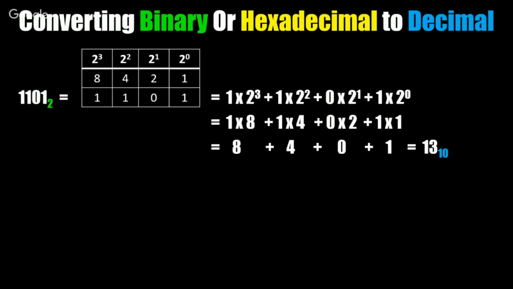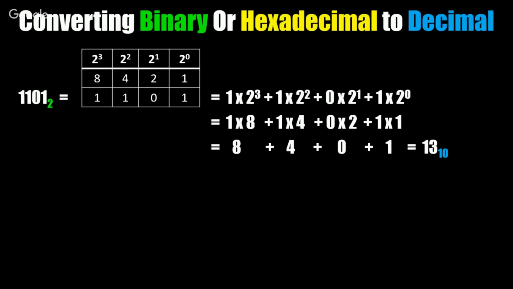Finally, we'll see how to convert between the systems. Converting binary to decimal is fairly easy. Just remember that each place value represents a power of 2, starting with 2 to the 0 at the far right and increasing as you go left. Look at the binary number on the slide. By splitting it up into its individual digits, I've matched each 1 or 0 up with its place value. Just sum up each place value times its respective digit.